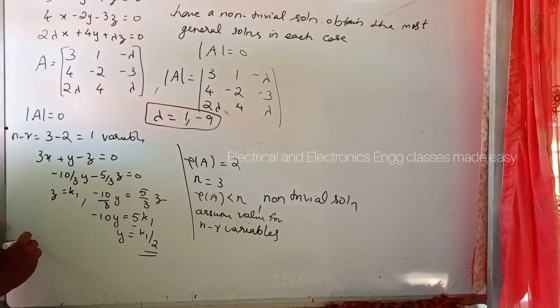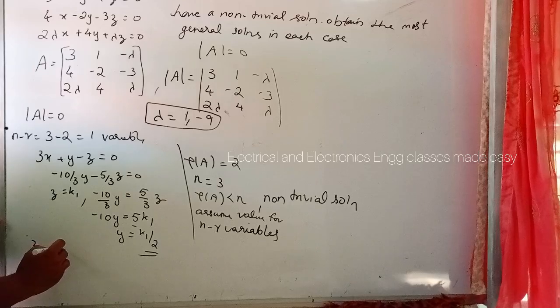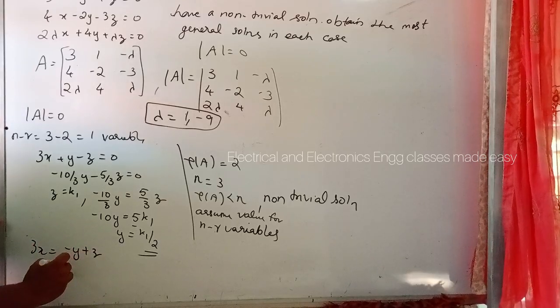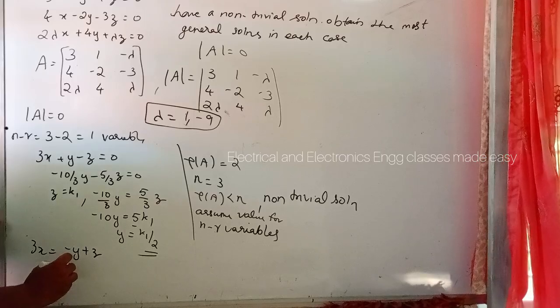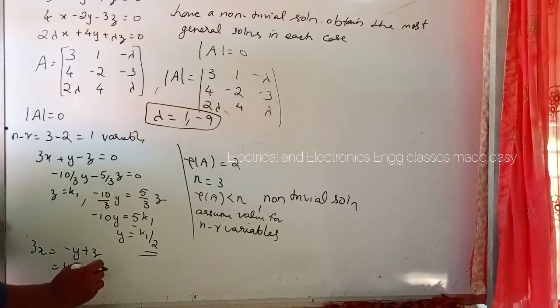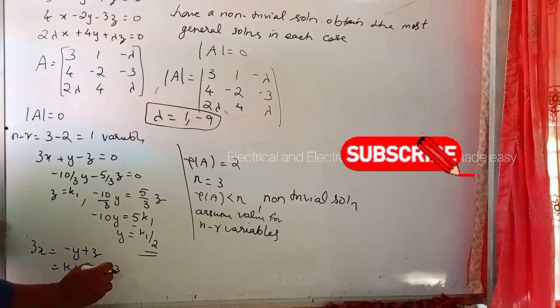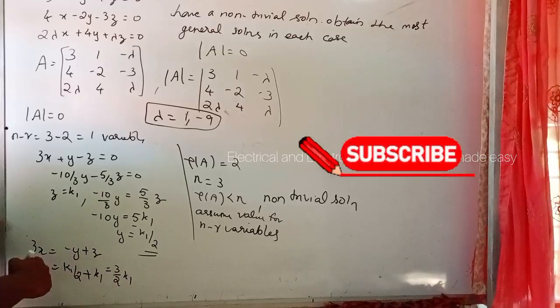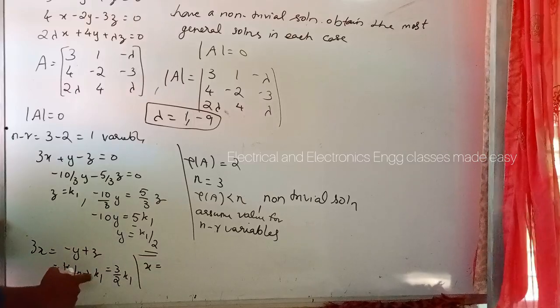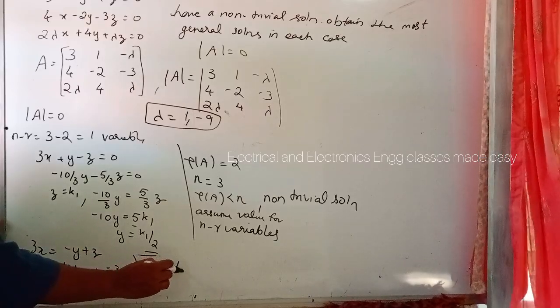Now from the first equation we can write 3x equal to minus y plus z, that is equal to minus k1 divided by 2, then plus k1, that is equal to 3 by 2 k1. So this is 3x. So we get x is equal to k1 divided by 2.